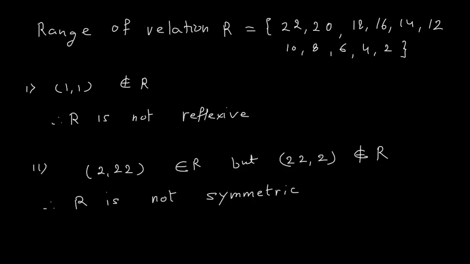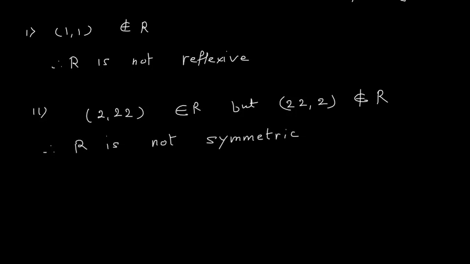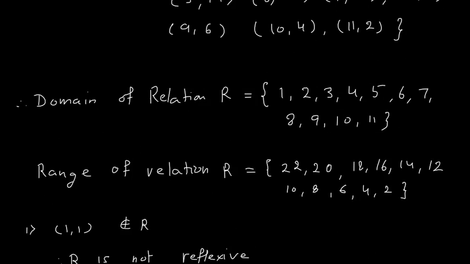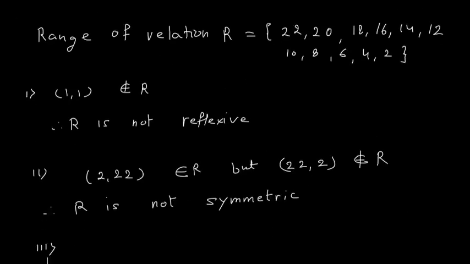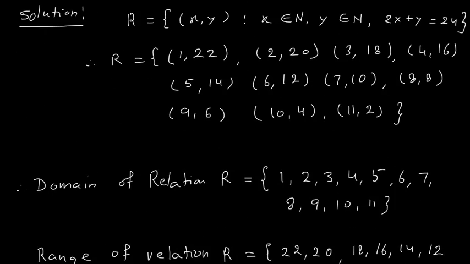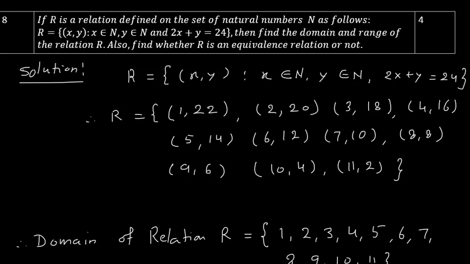And third, we have discussed R for transitivity. Now here (1, 2) is not there, (1, 22) is there, or (10, 4) is there, and (4, 16) is there.